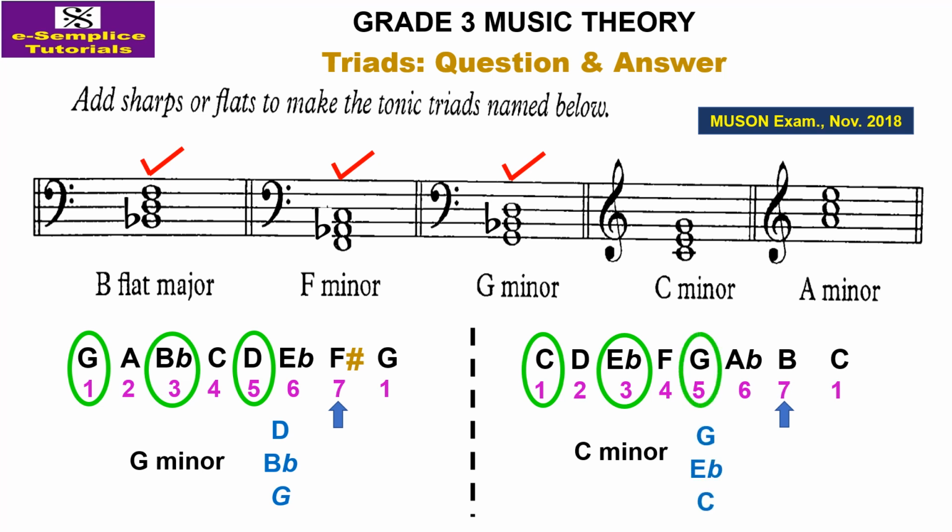Then you stack. You have C, E flat, and G. We are adding a flat on E. The last but not the least, A minor.